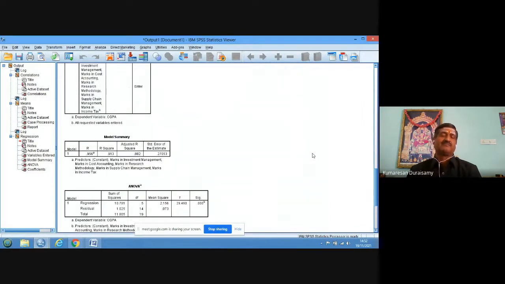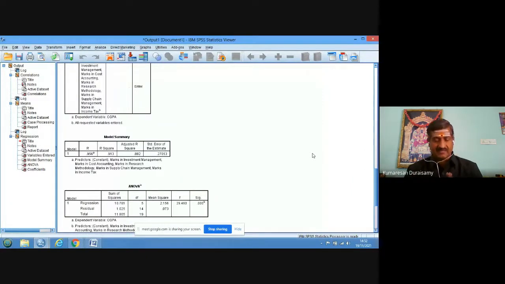The CGPA increases or decreases according to these 5 subjects to the extent of 91.3%.